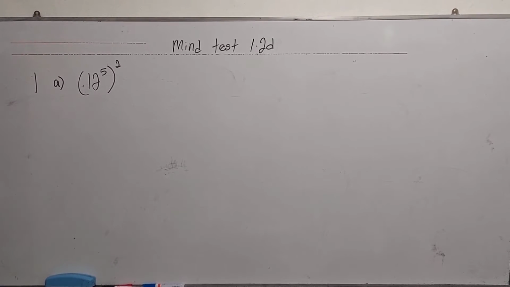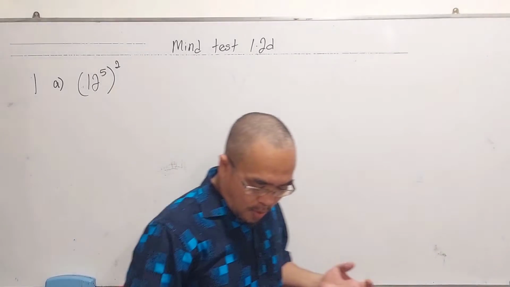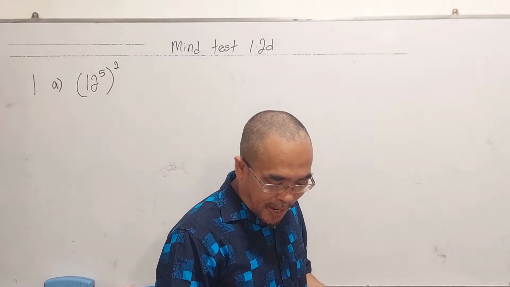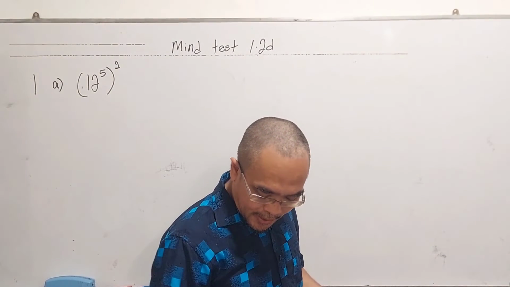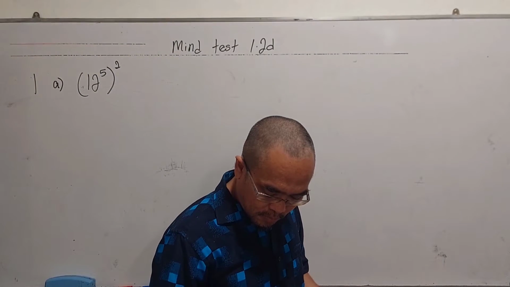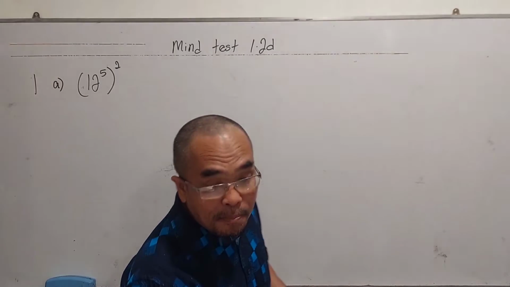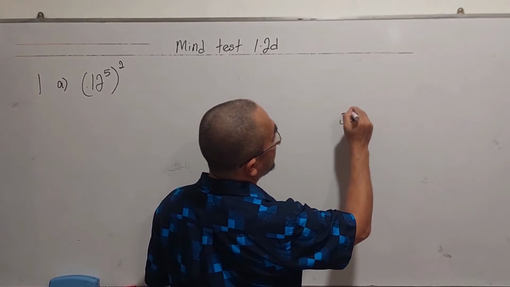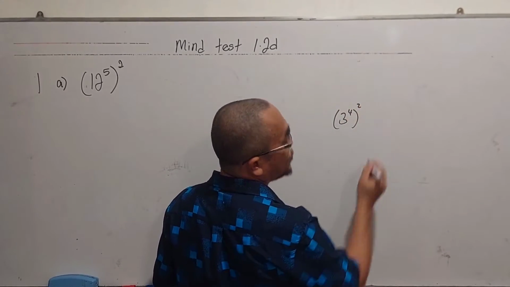My test 1.2D. Before we do this exercise, let's do some experiment. Look at the question here, example 9 at page 11. It says 3 to the power of 4, to the power of 2.